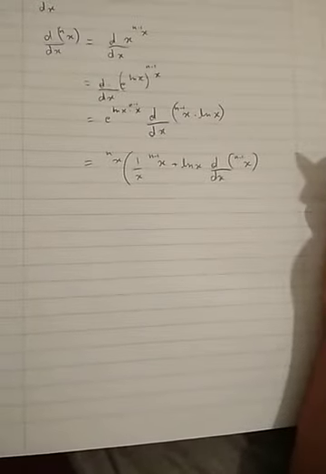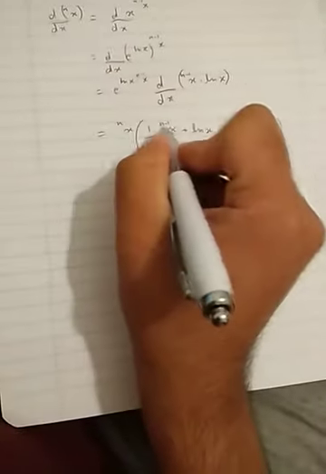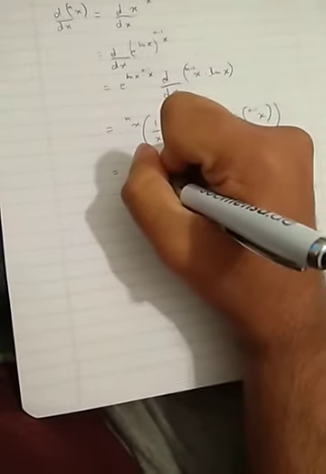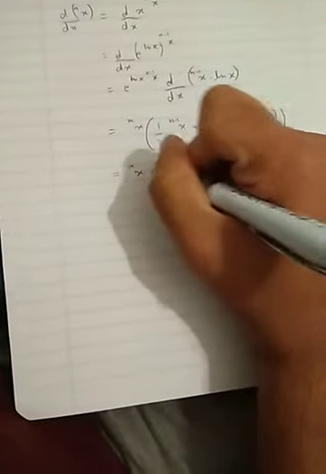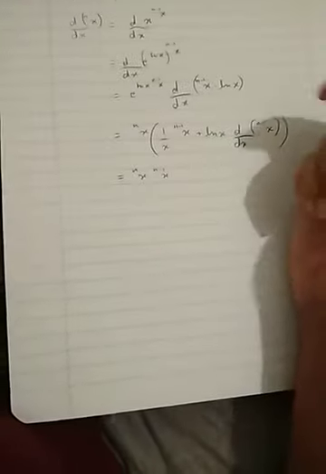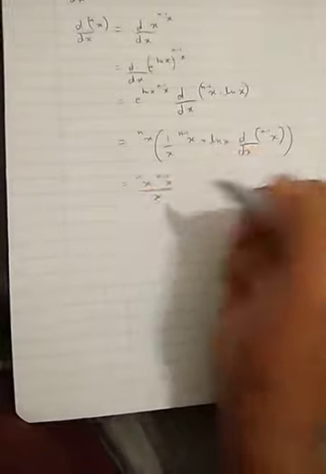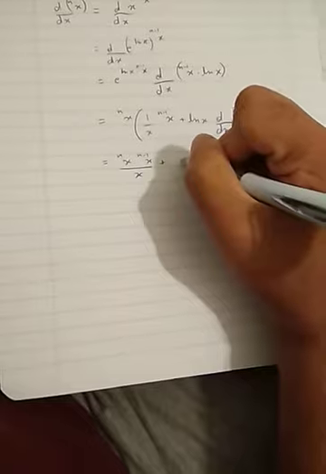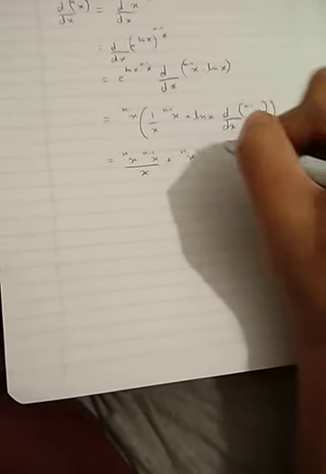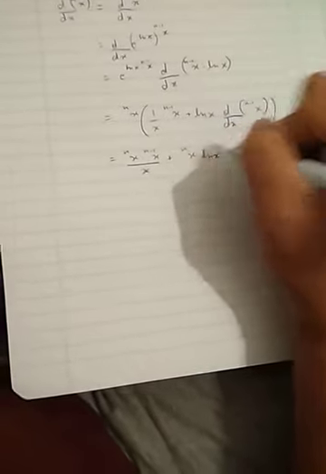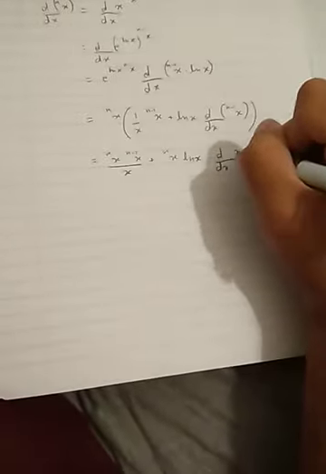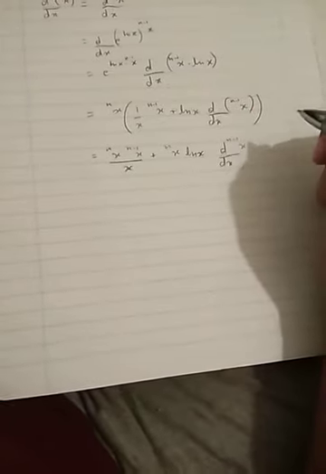Okay, so I'm going to multiply this inside and get the terms: x tetration n times x tetration n minus 1 upon x plus x tetration n ln x times d by dx of x tetration n minus 1.